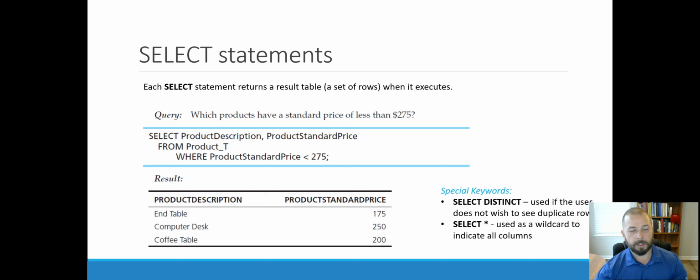All right. And so here you get a result that is the two columns that we specified, the description and the standard price. These come out of the product T table, and my results are the rows in which I have product standard prices less than 275.